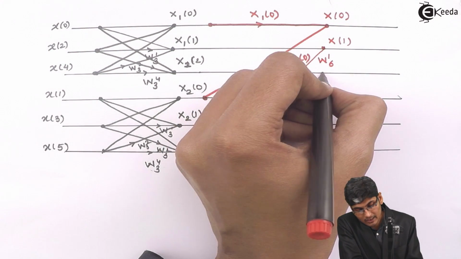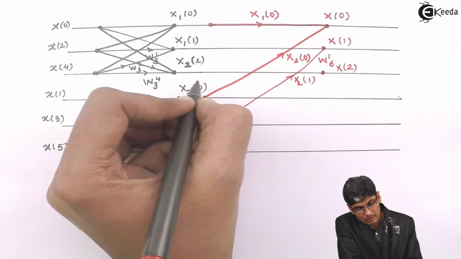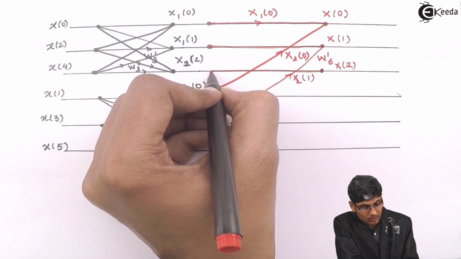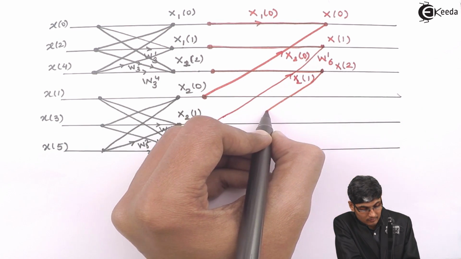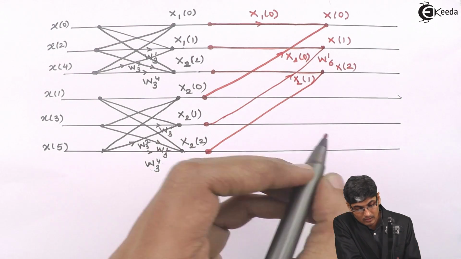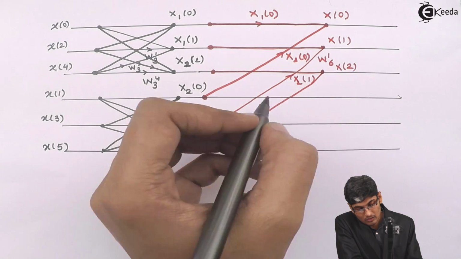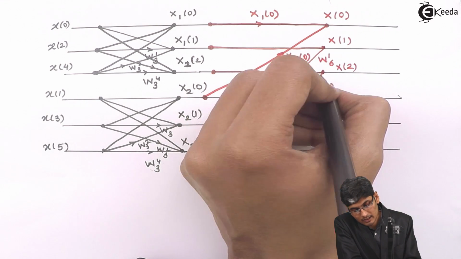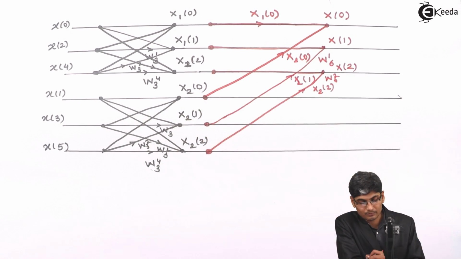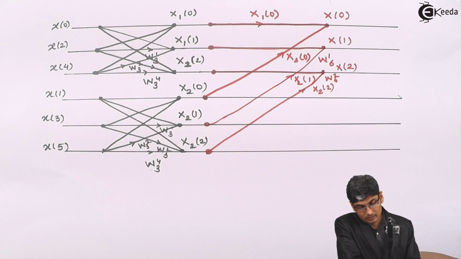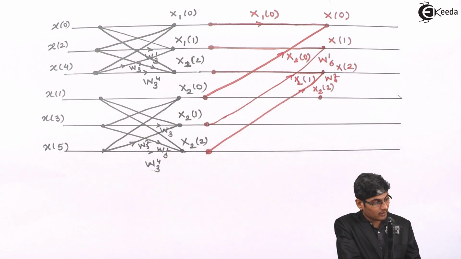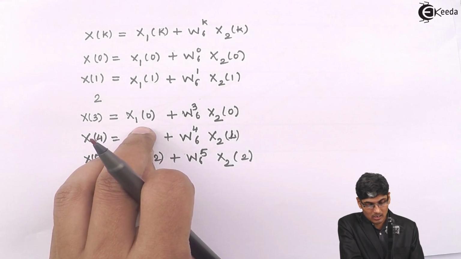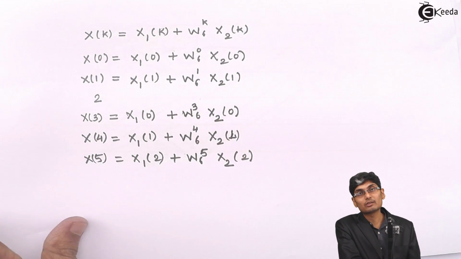Then x2 will be coming from here, and this will give me x2 of 2, but I am going to multiply by w6 raised to 2. Then for x3 you need to take care. For x3 we are going to get x1 of 0 again plus w6 raised to 3 into x2 of 0.